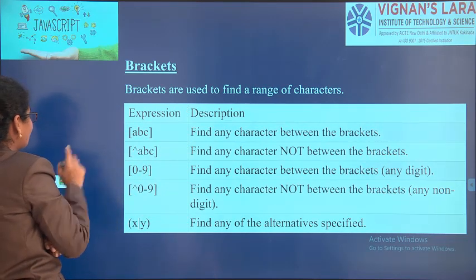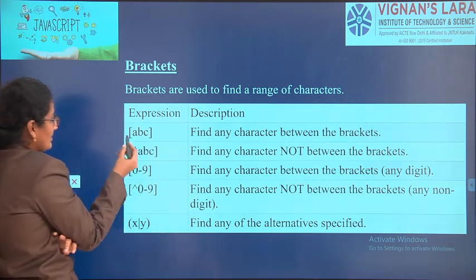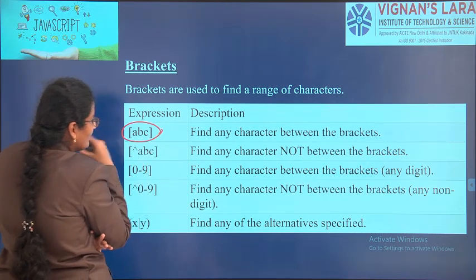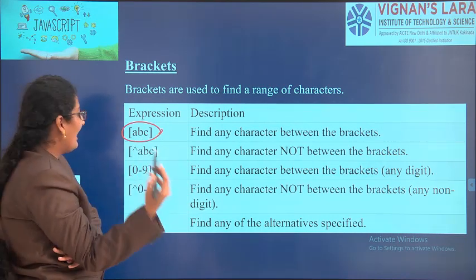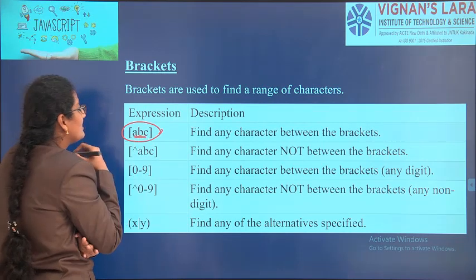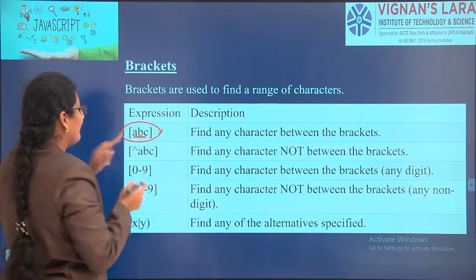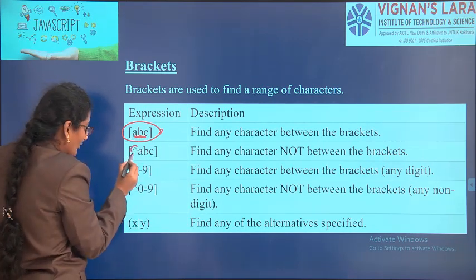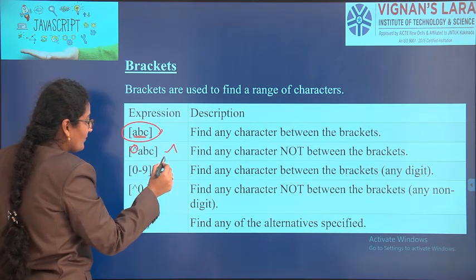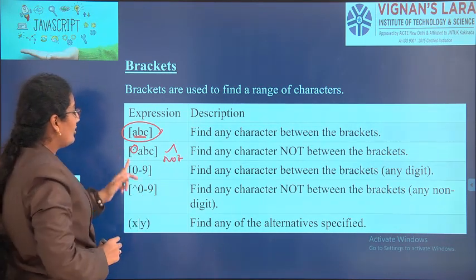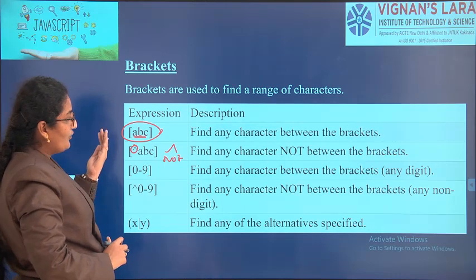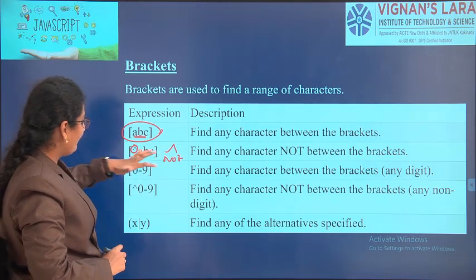I am telling you what each expression means so that you can learn them. If I have taken abc in brackets, it means I have to find a character between these. If I take the not symbol, the caret symbol, like this, [^abc], it means you have to find any character other than those between the brackets.